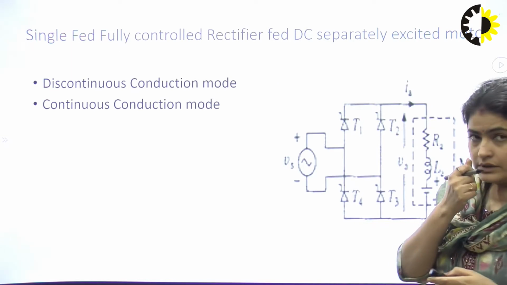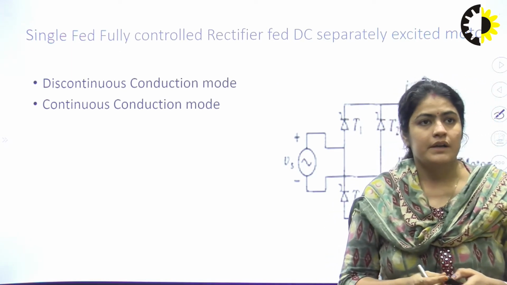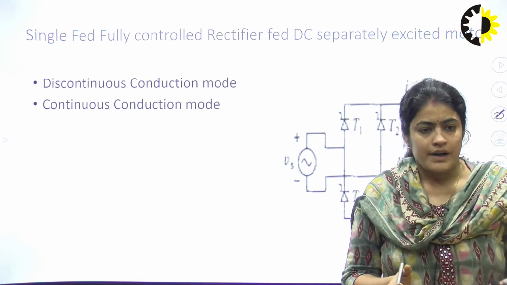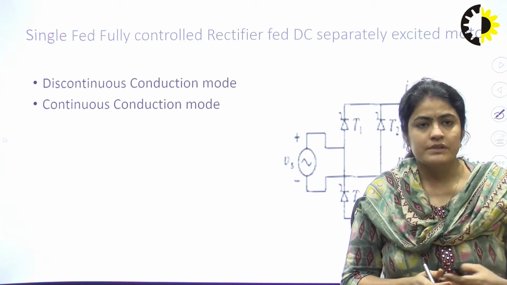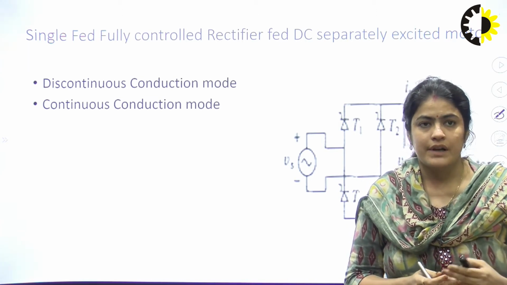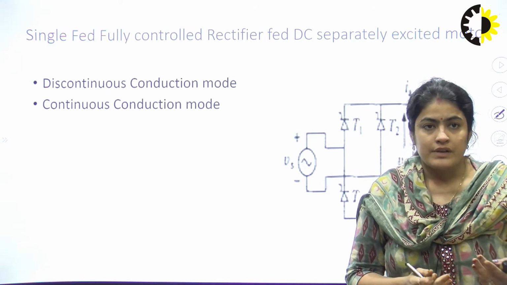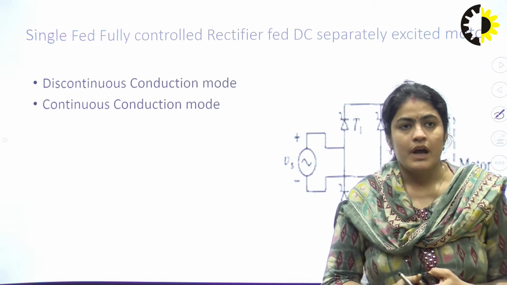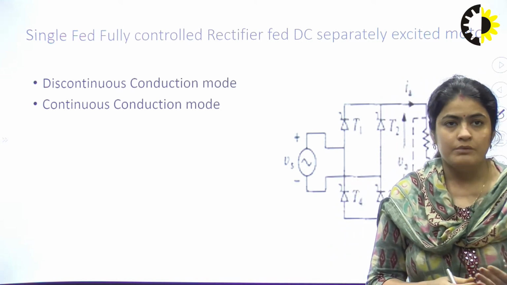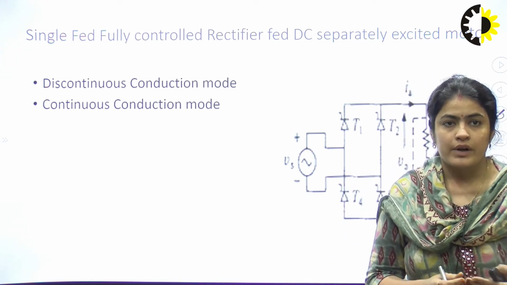As you know, in the previous lecture we discussed the drive system and its importance, because with the help of a drive system you can control the flow of power and provide power according to the load requirement, right?